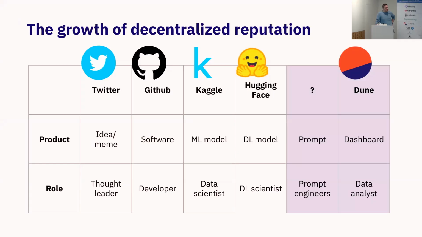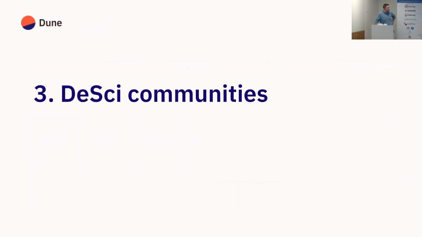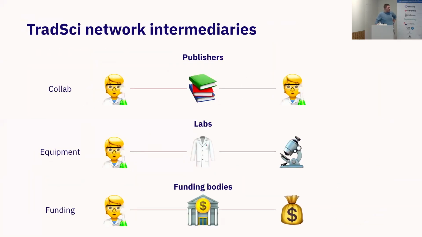So it's just data in a data center, but science is not about data. Science is about atoms, or a lot of it is, some of it is about data. And so you need to have equipment, real world stuff, and you need to have money as well. And so there are intermediaries there that manage that: labs, which also stands for universities, and then for funding, you've got funding bodies who decide who gets what.